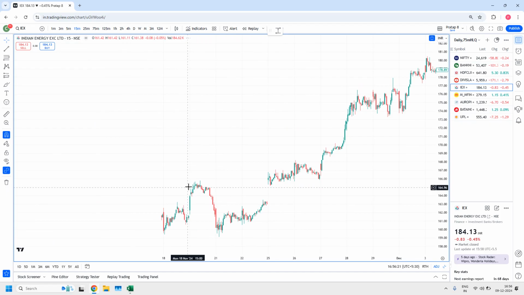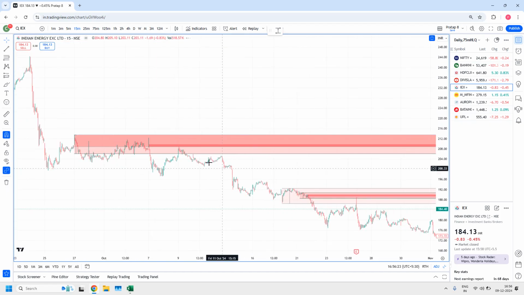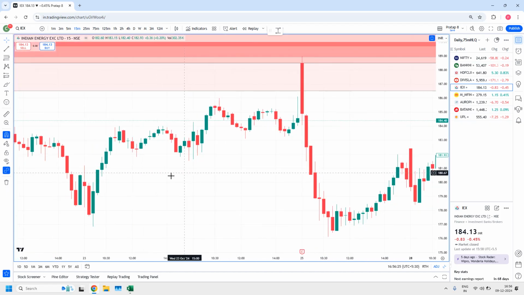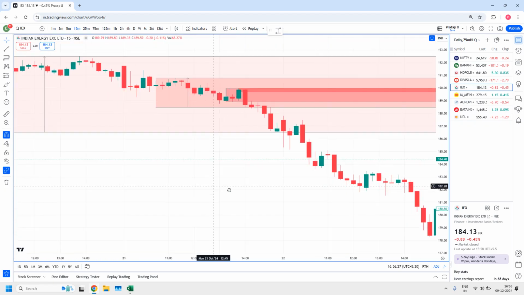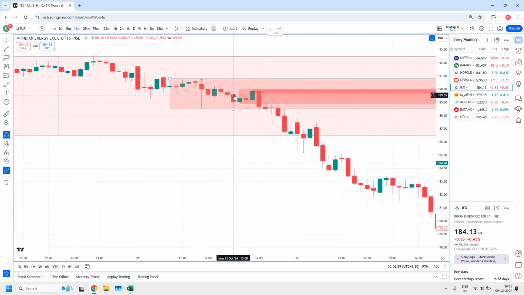In the 15 minutes time frame, we have a fine tuned 15 minute zone. You have a drop, you have two base candles, a medium size leg candle is also part of the base, and then a drop candle, drop base drop, and this one again fine tuned with the 5 minutes time frame.